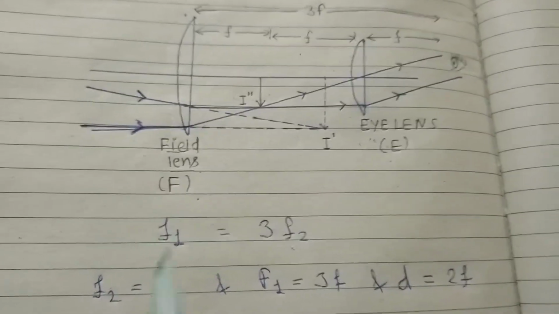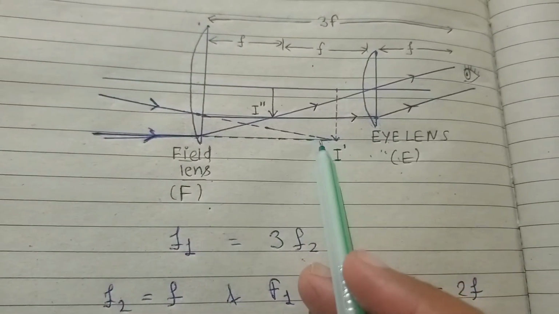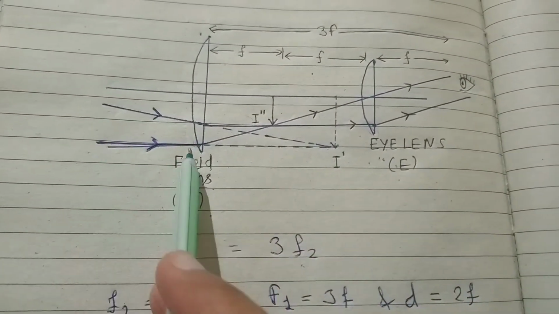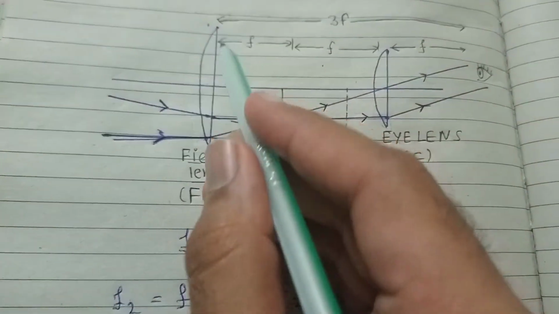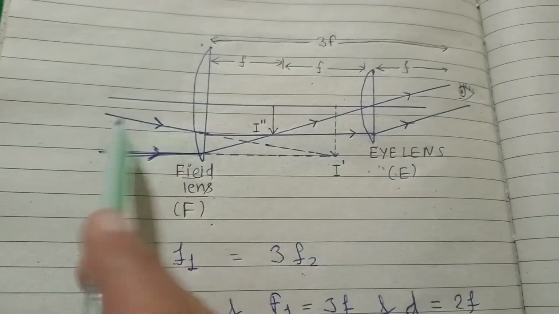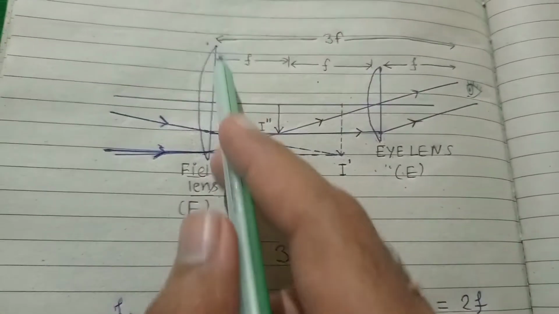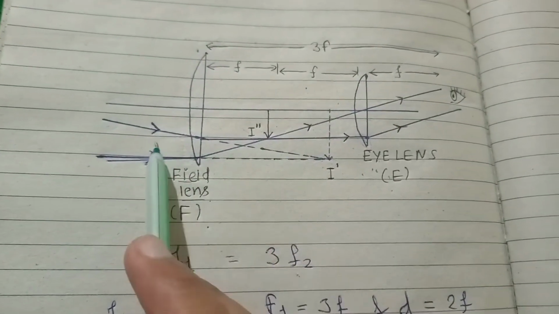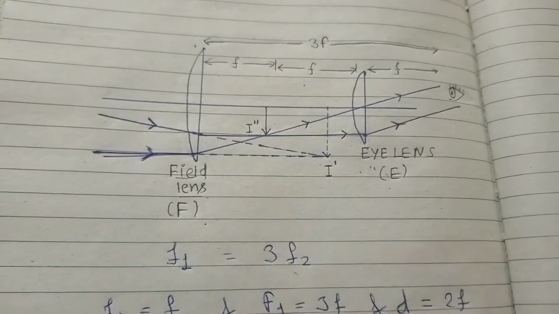The light rays incident from outside are meeting at I dash. As you can see, these are the two incident rays that are meeting at I dash. If in the absence of this plane surface these two rays were incident on the curved surface, they would make an image at this point I dash.